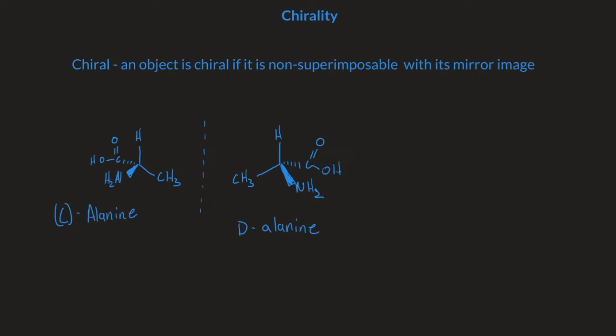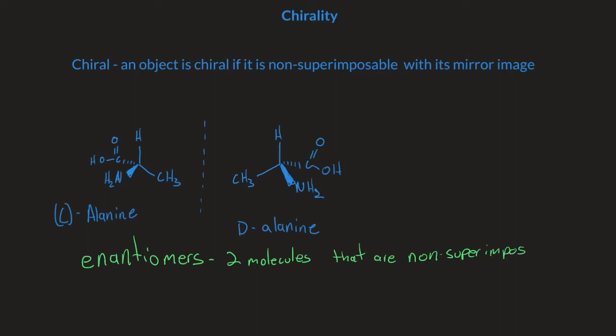I get rid of the extra copies of alanine. L-alanine and D-alanine are said to be enantiomers of one another. Enantiomers are just two molecules that are non-superimposable mirror images.